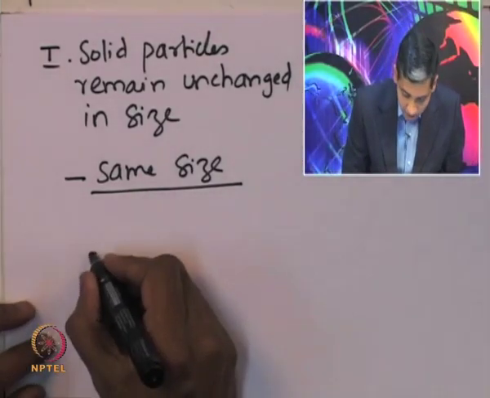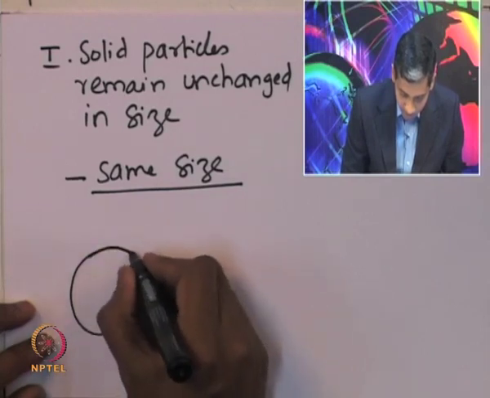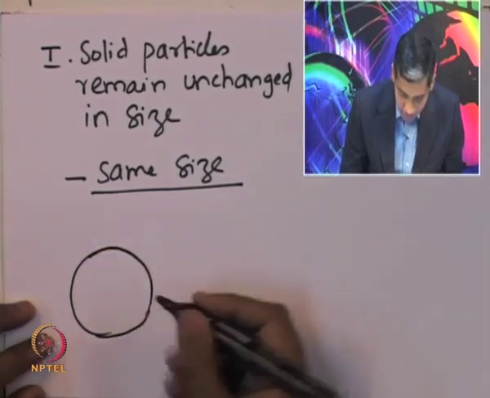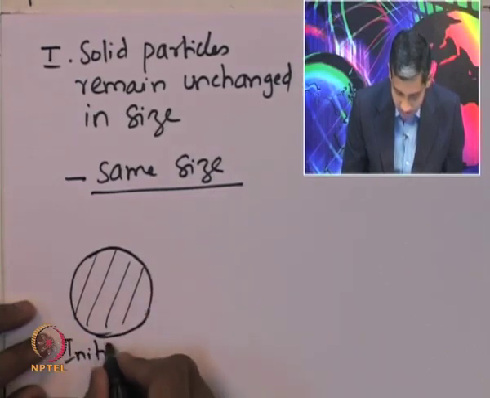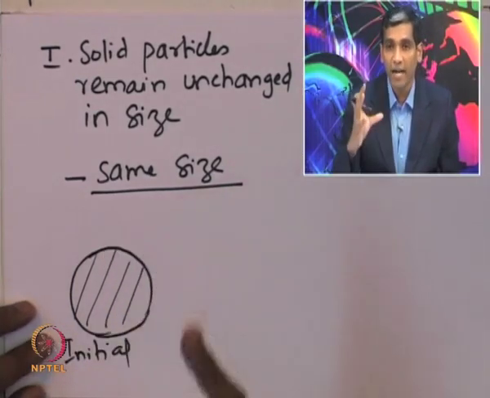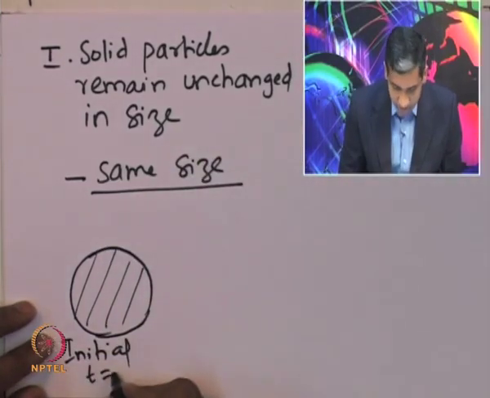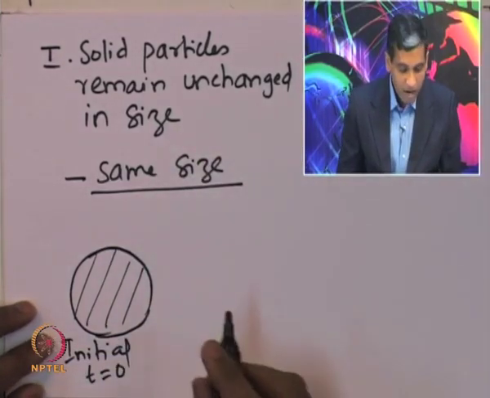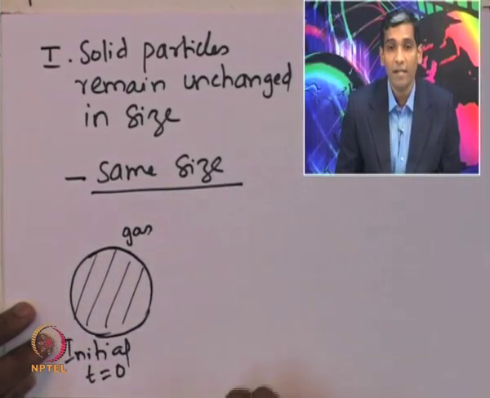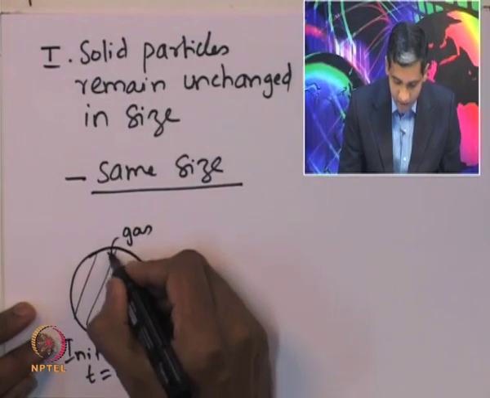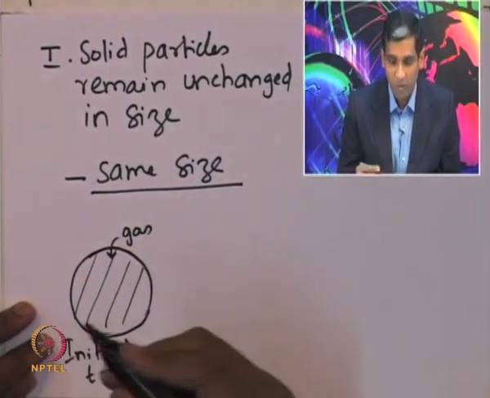Now suppose I take a spherical particle. This is the initial unreacted solid core at time t equal to 0. As the reaction proceeds, the gas present outside gets into the solid and there is a certain reaction happening.